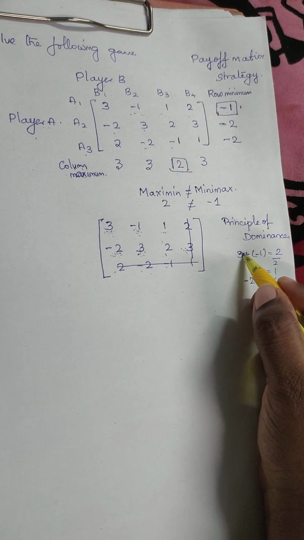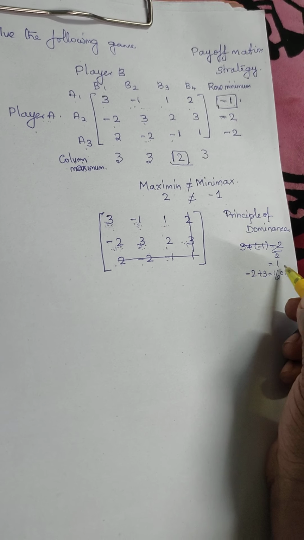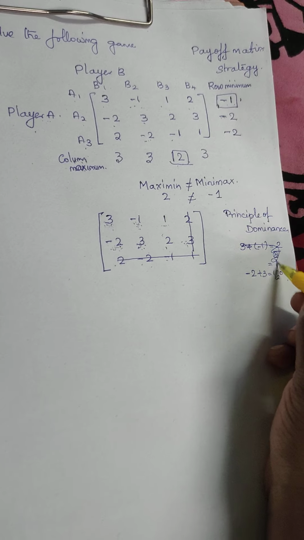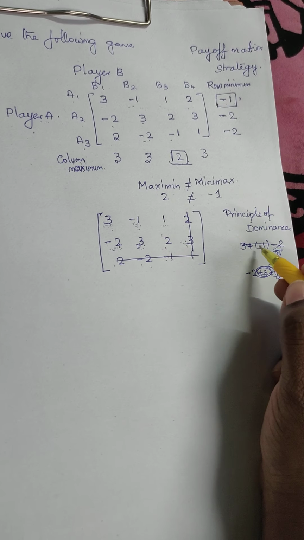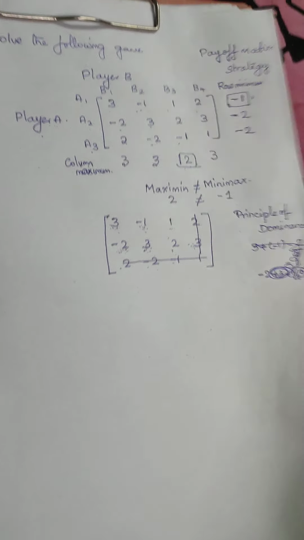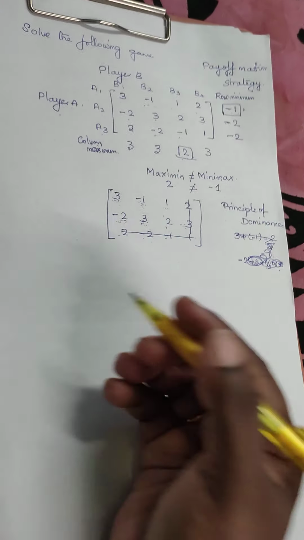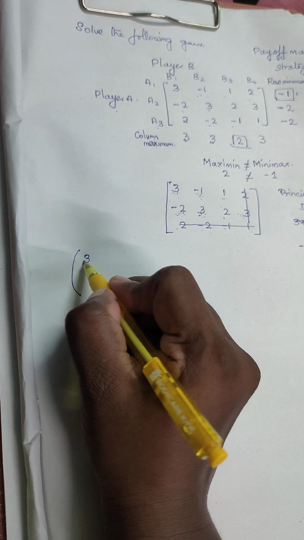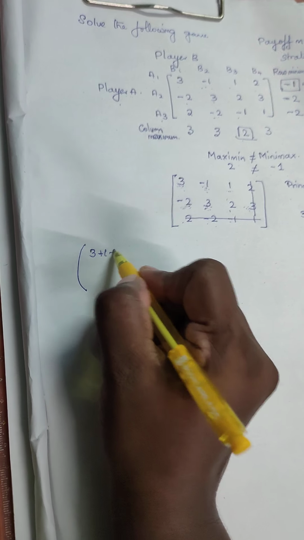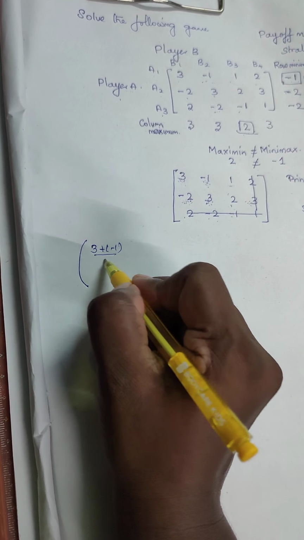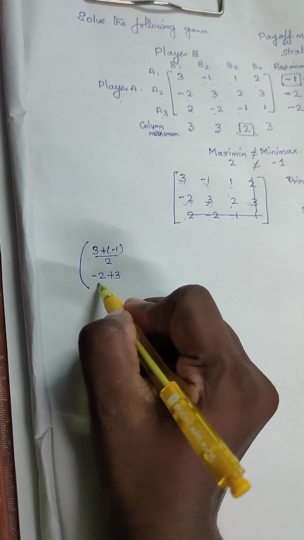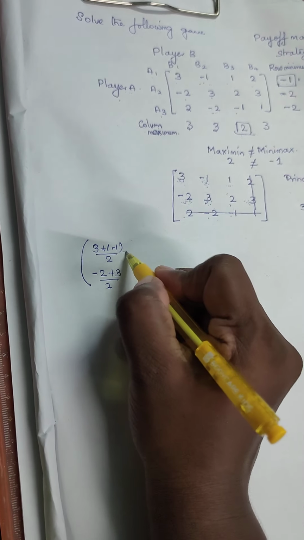So if you want, you can compare. It is 1 and 0.5 is less, this is greater. Doesn't work. I'll show it in a better way. Hold on, I'm going to separately do the calculation here. 3 plus minus 1 divided by 2 and minus 2 plus 3 divided by 2.